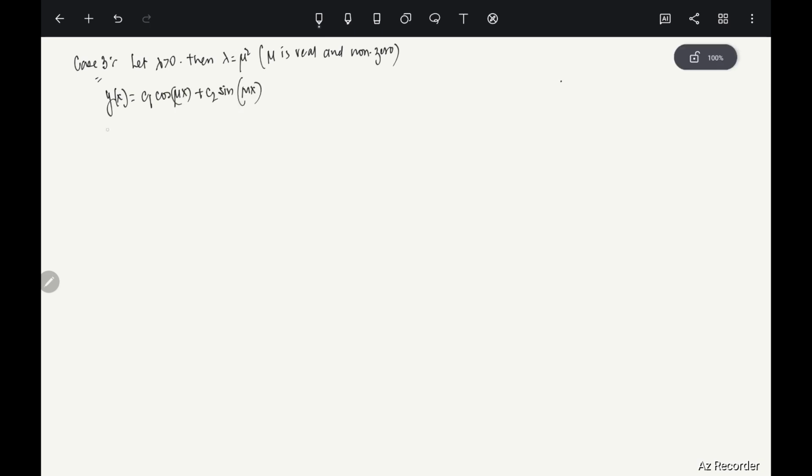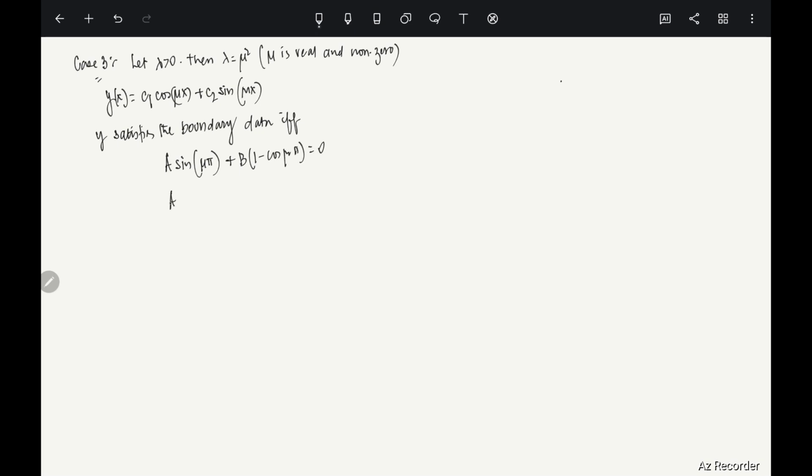Now y satisfies the boundary data if and only if, when does it satisfy? y(0) equals y(pi). Okay. So y(0) equals y(pi) will give us a sine mu pi, plus b times (1 minus cosine mu pi) equals 0.